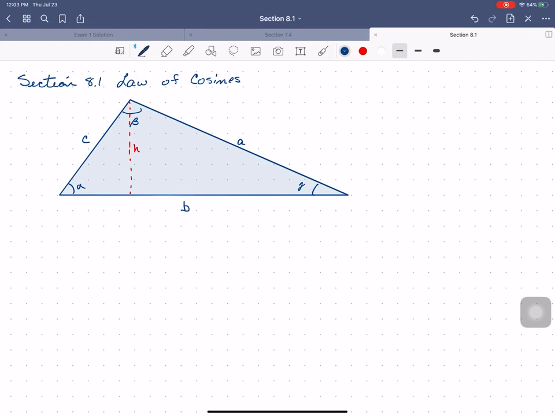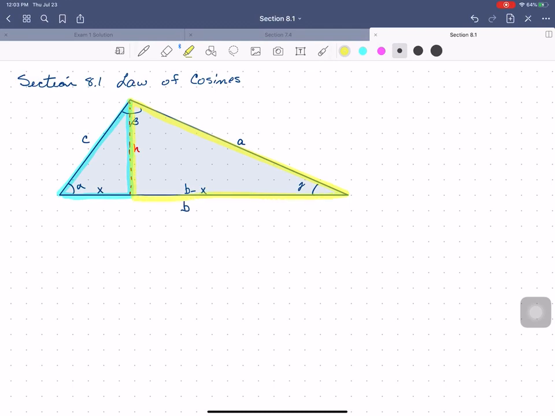So what I've done is I've labeled my triangle, I've dropped a vertical, and I'm going to label my sides here, and I'm going to think about these resulting right triangles. So I've got the blue one and the yellow one.